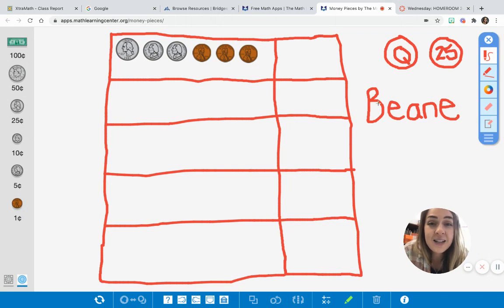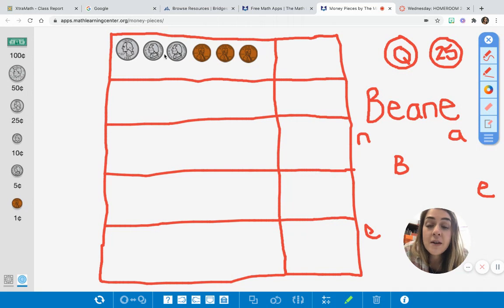But if I wrote my same name and wrote it like this, B-E-A-N-E, you wouldn't know where to start when you were reading that name. So same thing with money. You want it to go from left to right, biggest to smallest, because it will make your job of counting the value that much easier.